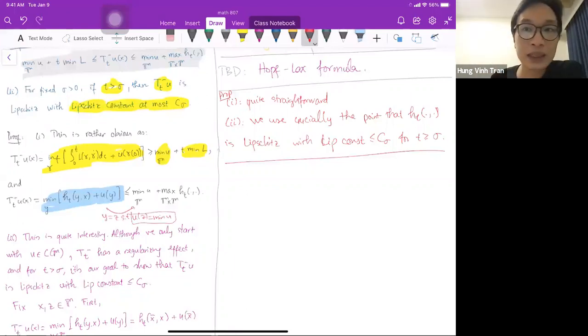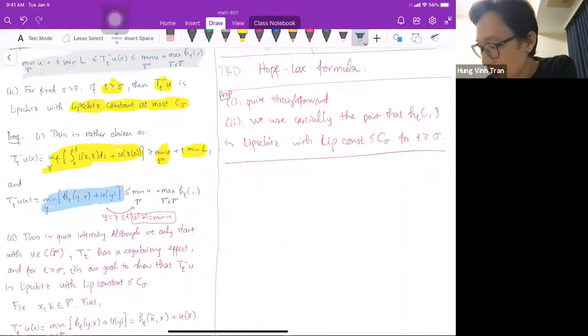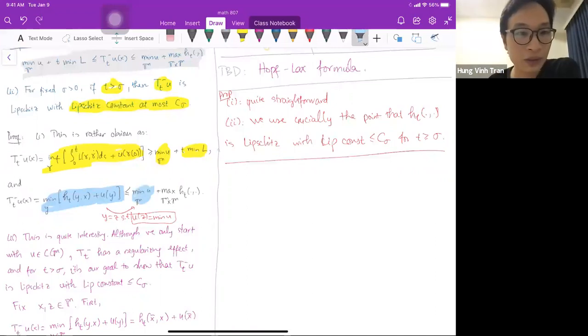So I let y be that point, and then it is less than or equal to the value at that particular z. That gives me that it's less than or equal to the minimum in the torus, and the other term I'm just bounding by the worst case scenario, which is the maximum of the h_t function. So again, it's just an upper and a lower bound. Simple, but it indeed shows that our object is finite.